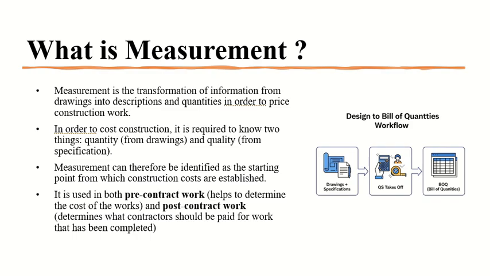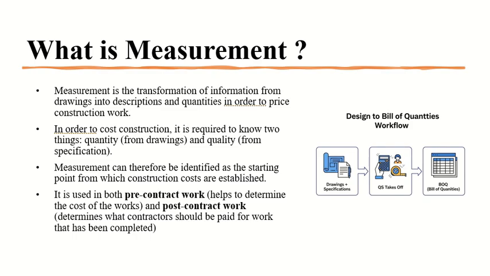Anything else? Maybe the dimensions. What about dimensions? Dimensions of the building itself, maybe they could be different. Yeah. So is he doing the work according to your given plan or not? So one is cost control, the other one is quality control.